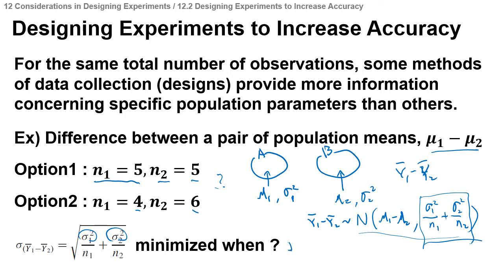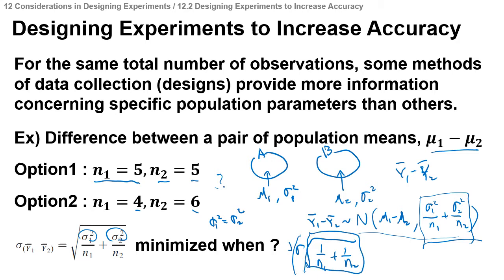However, if we assume equal variance, so sigma 1 square is equal to sigma 2 square, then we can pull the sigma square term outside, and the problem becomes minimizing 1 over n1 plus 1 over n2.